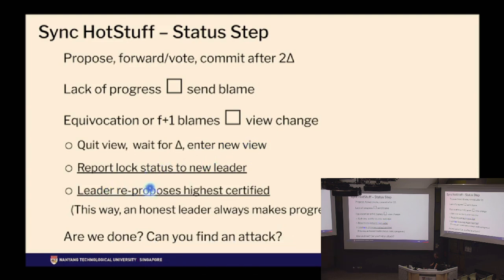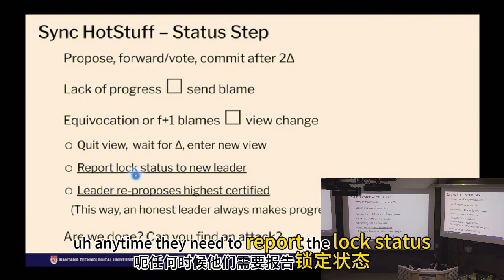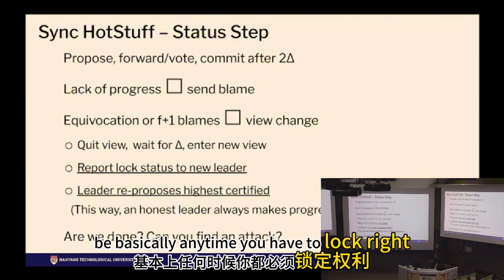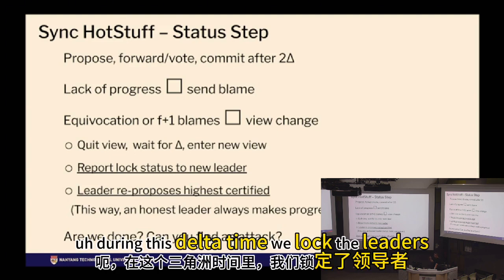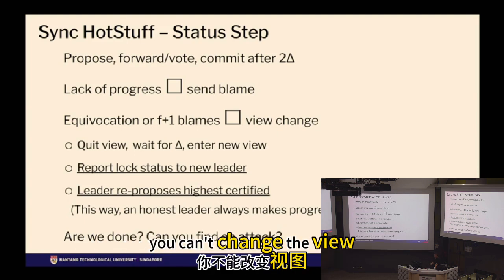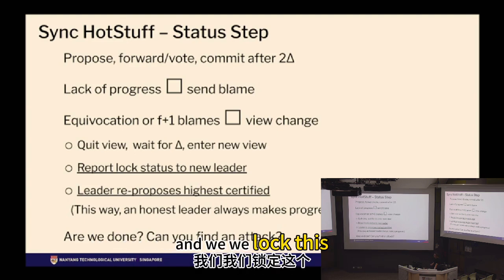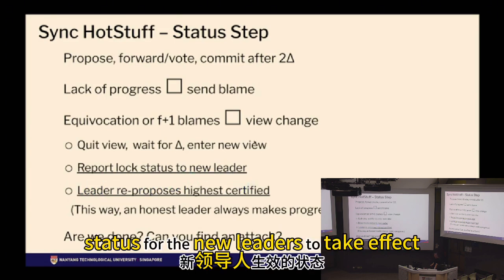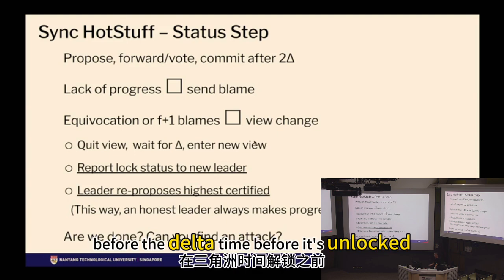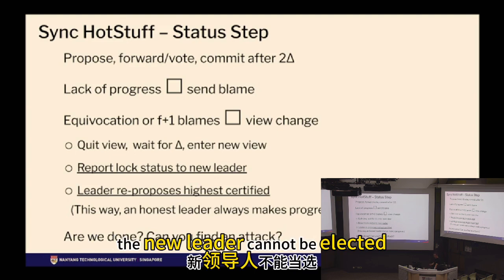And anytime they need to report the log status, basically anytime you log, remember, we have to wait for delta time. During this delta time, we lock the leaders. So the leader has to be the leader; you can't change the view. And we log this status for the new leader to take effect. Before the delta time has passed, before it's unlocked, the new leader cannot be elected.